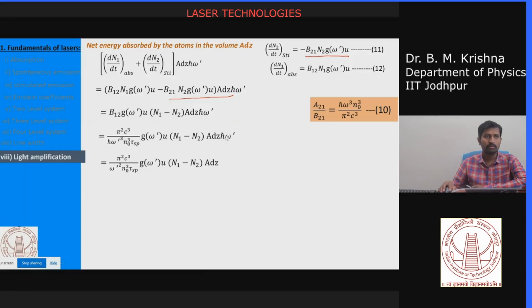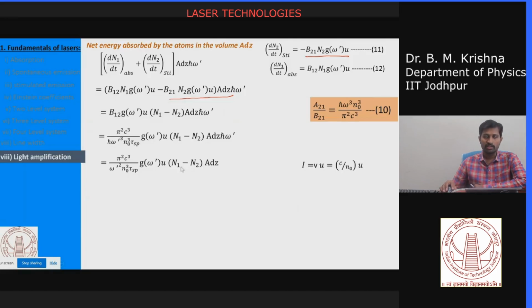Here h cross gets cancelled, and one omega prime also gets cancelled. Now this term becomes pi square c cube omega prime square n naught cube tau SP g of omega prime U (N1 minus N2) A dz.